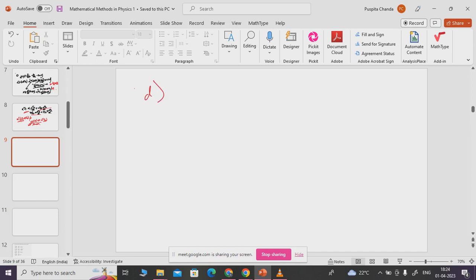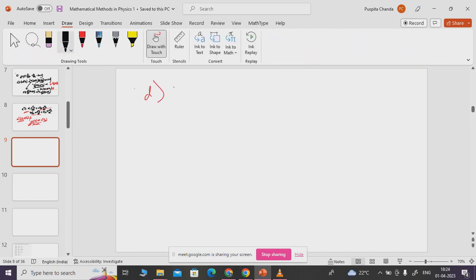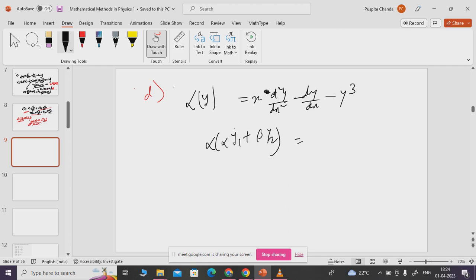So let us see what about question number D, which is linear operator. Linear, we should not say linear operator L, which is x d2y dx2 minus dy dx minus y cube. From the first, it should satisfy this equation.